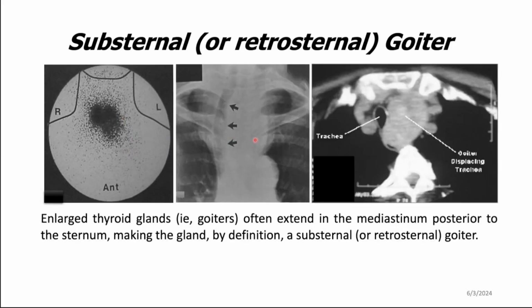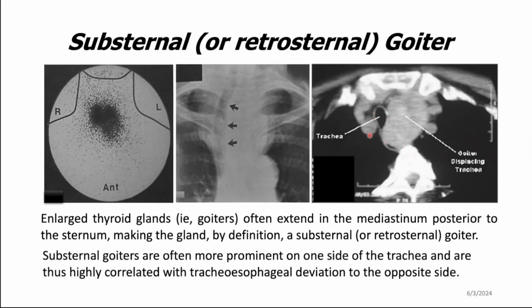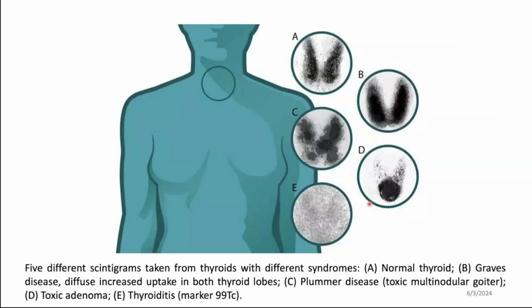Okay, this is what I'm trying to say. See, there is deviation of the trachea, which is supposed to be midline, in this patient who has substernal or retrosternal goiter, and this is how it looks on CT. It's very heterogeneous and pushing the trachea towards the right. Again, just to summarize, we have different examples of thyroid scintigraphy.